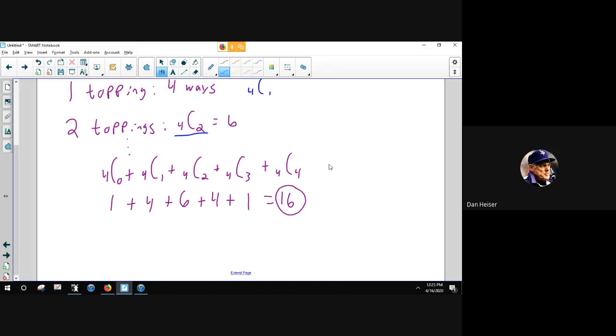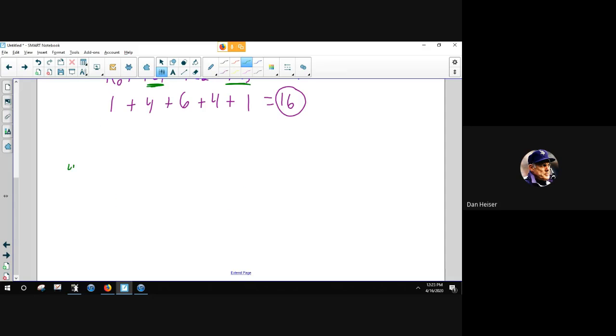One thing I want you to notice in this problem is 4C1 and 4C3. They're the same value. And that's going to show up in other areas as well.